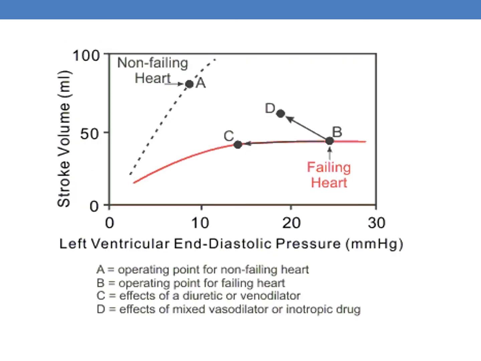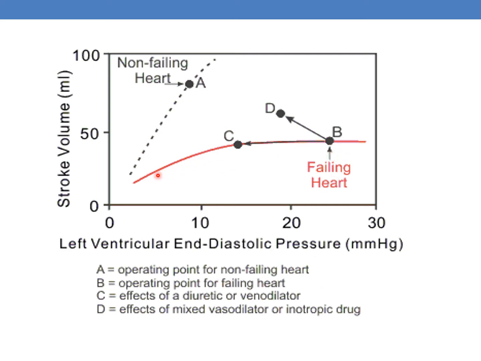Now here you can see the ventricular function curves. Here there is a relationship between stroke volume and left ventricular end-diastolic pressure. A is the operating point for the non-failing heart. This line indicates a normal healthy heart, whereas B is the operating point for the failing heart.